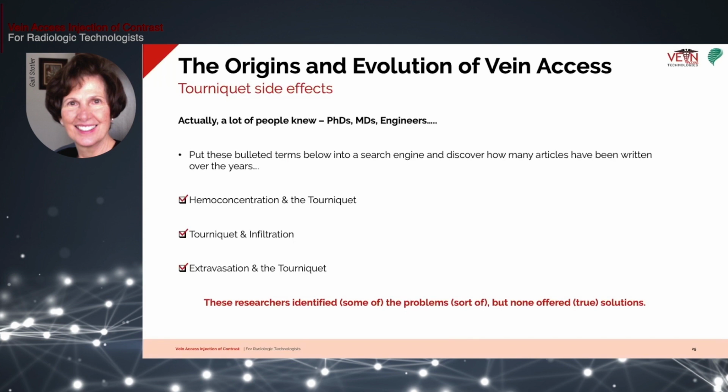So again, you get hemoconcentration, you get infiltration, you get extravasation. But none of these researchers and none of these MDs provided any solutions to the problem. Because if you stop to think about it, they've all focused on where's the vein. So they've built new tools for that, even though there's an issue with those. But nobody's addressed this leakage problem. We will.